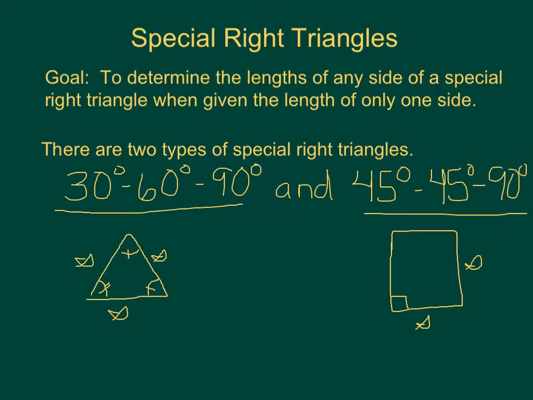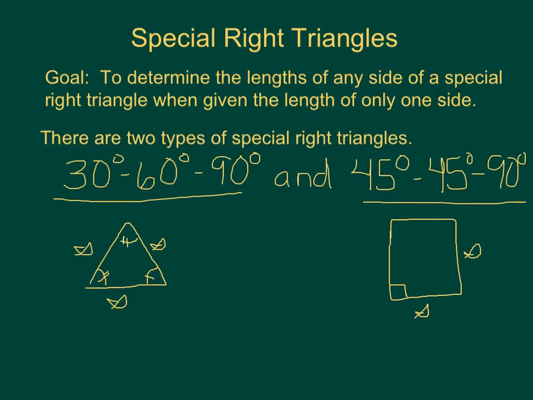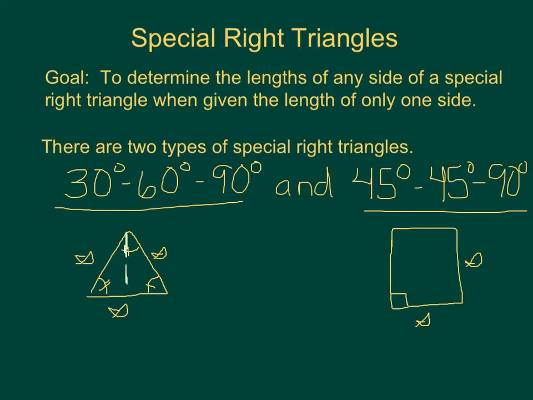So we're actually going to cut this triangle right down the center, but my pen doesn't want to work. So I'm taking this equilateral triangle and I'm cutting it right down the middle. And my drawing looks a little suspicious, but you gotta work with me here.